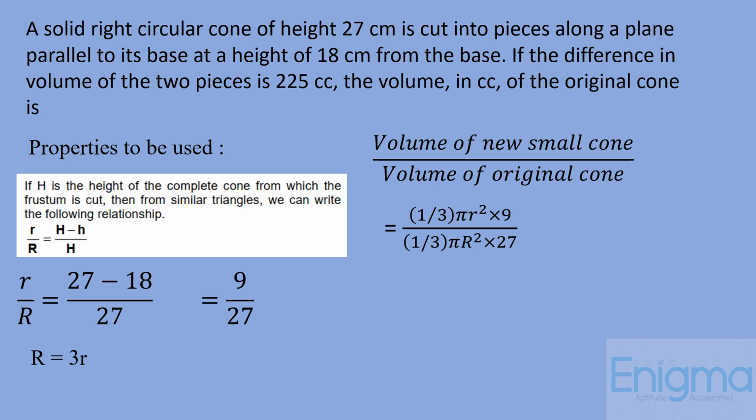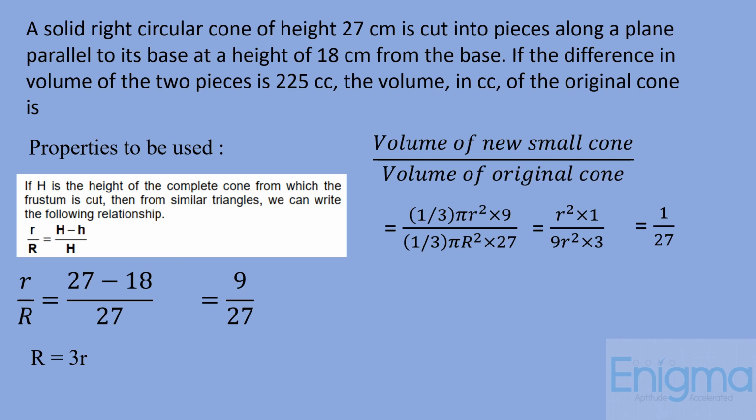Now we know the relationship between r and small r. We will just substitute that and we will get the ratio of volume of the new small cone to volume of original cone as 1 is to 27. Now we can assume it as 1x and 27x.